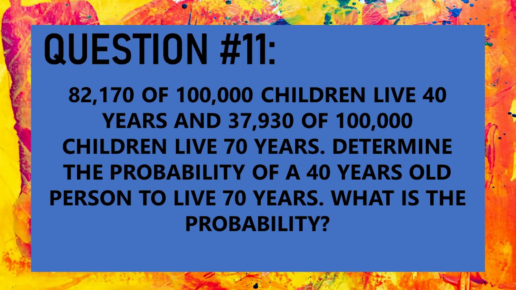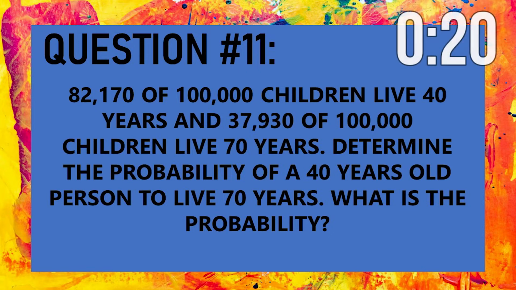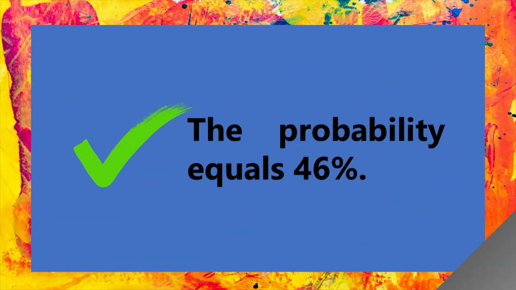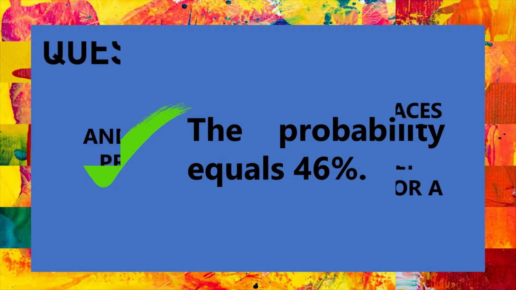Determine the probability of a 40-year-old person to live 70 years. The probability is equal to 46%.